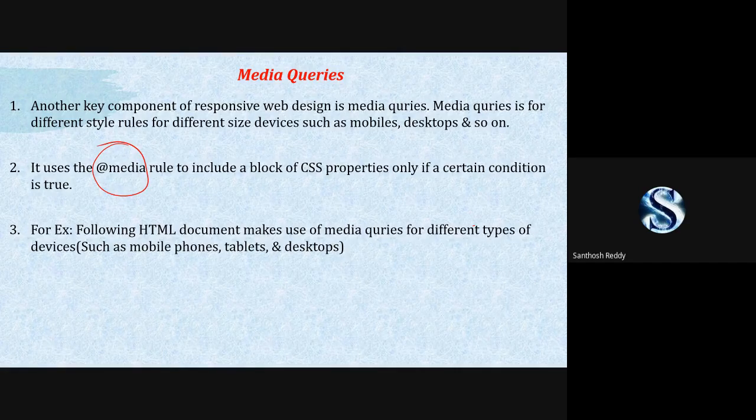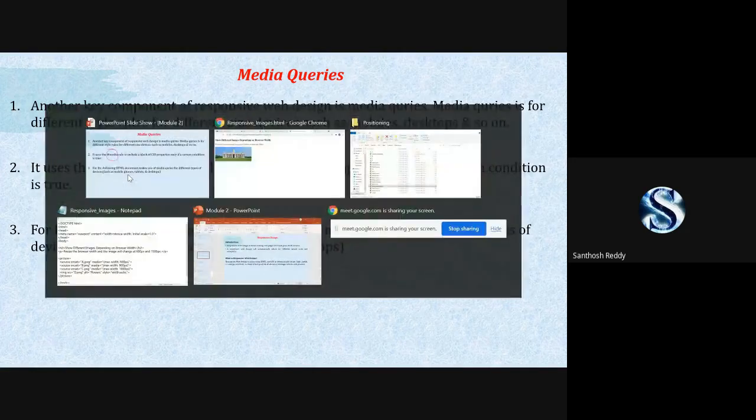I can say it is like a variable or a property. I'm going to use @media, and based on this, I'm going to specify the CSS properties for different devices.